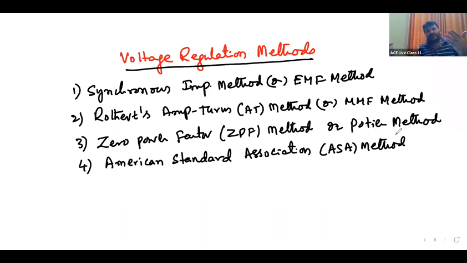The synchronous impedance method and the MMF method are not accurate. The synchronous impedance method gives more than the actual regulation, but the MMF method gives voltage regulation less than the actual value. They are not giving correct results. So later on, the ZPF method was developed. It is giving accurate results. And in the ASA method, saturation is also taken into consideration. Anyhow, we are going to discuss each and every point one by one.